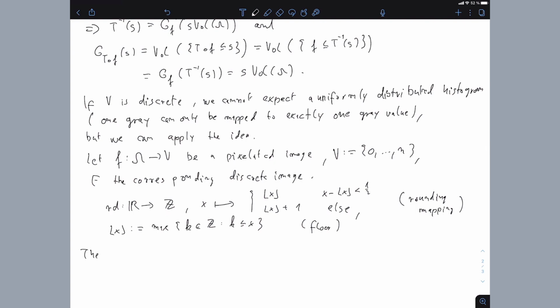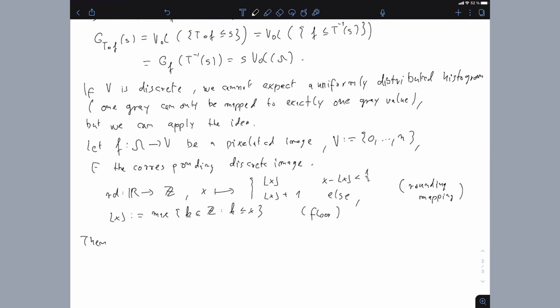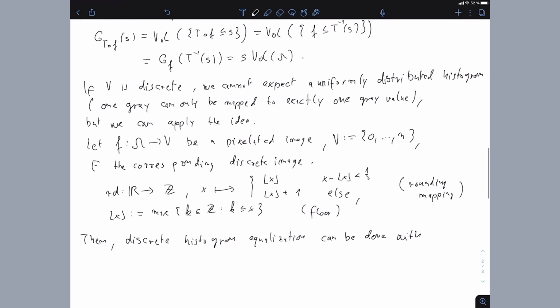And with this we can now write down an approximation of our transformation function for the histogram equalization, the discrete histogram function.